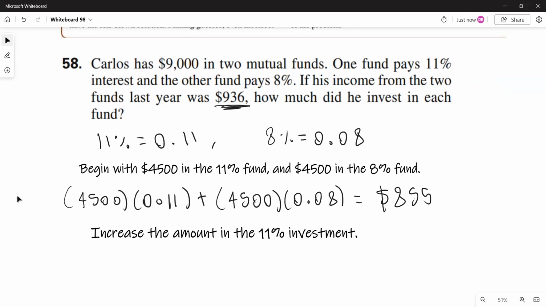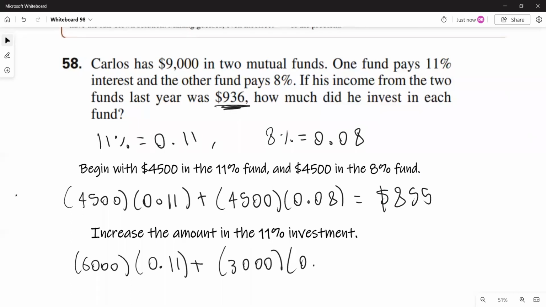So we started with half and half. We're going to increase this to 6,000 and 3,000. Okay, so 6,000 at 11%, that's going to be 660. And 3,000 at 8% is going to be 240. That's going to be for a total of $900.